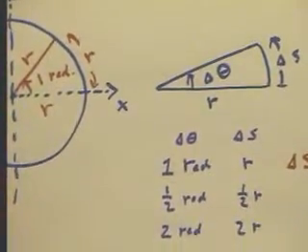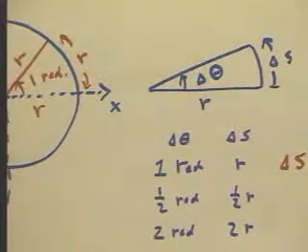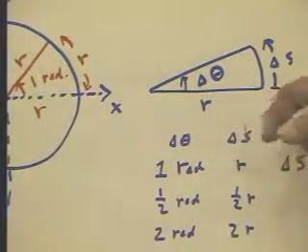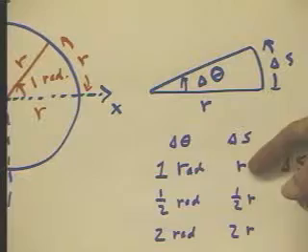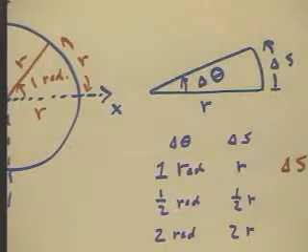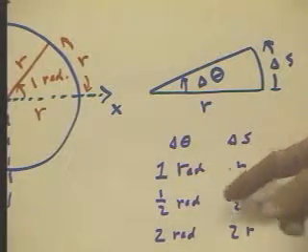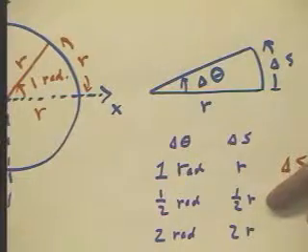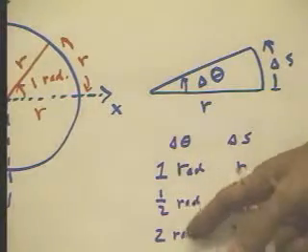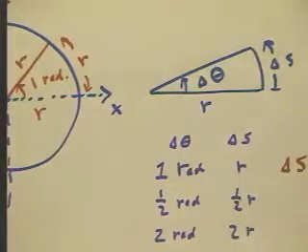That seems pretty obvious. If we make a table for delta theta and delta s, if delta theta is 1 radian, of course, delta s by the definition of a radian is equal to r. For half a radian, we're going to have half r, half the radius of the circle. 2 radians, 2r, twice the radius of the circle. Do we see a pattern here? Well, sure.